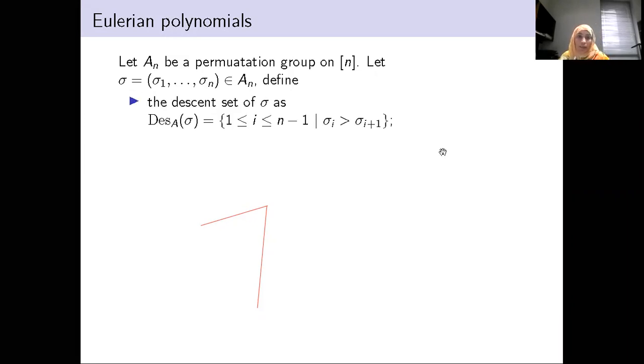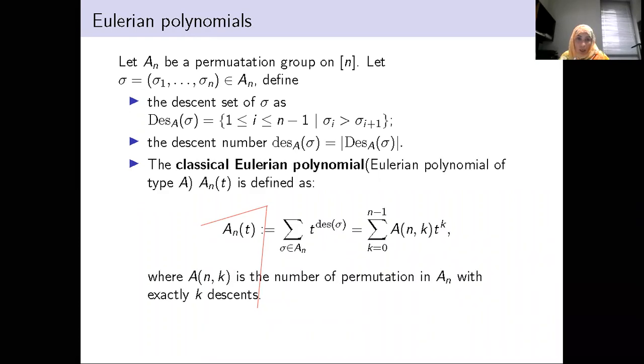So here we are taking the permutation group, the symmetric group on n, and the descent number of a permutation is the number of those i's whose corresponding sigma i is greater than sigma i plus 1. This cardinality is called the descent number of the corresponding sigma, which is an element of our permutation group.